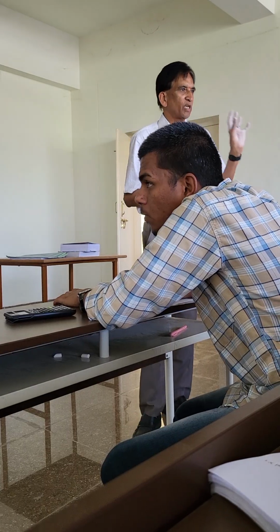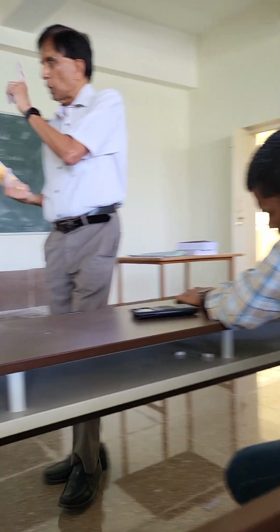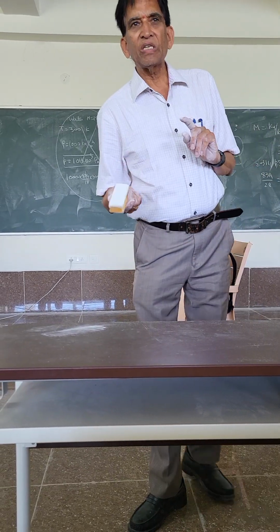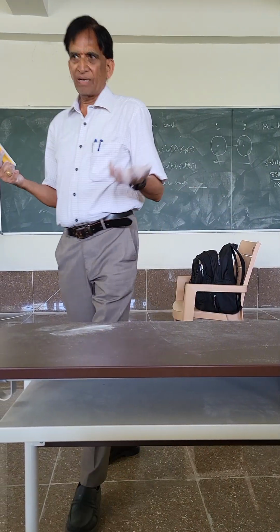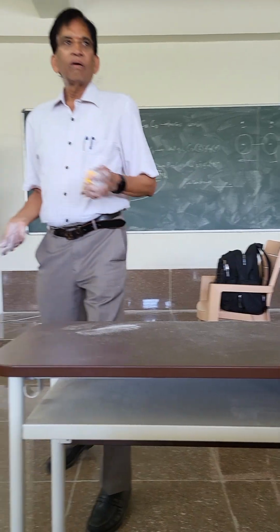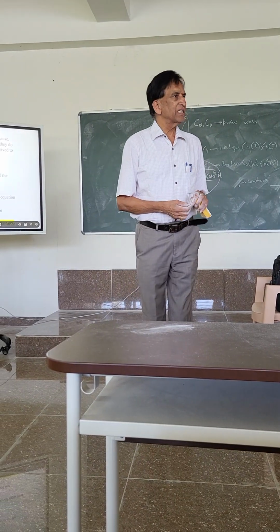The finite volume of the molecule has to be taken care of, and attractive forces are there. Repulsive forces are not taken care of in the Van der Waals equation, because in gases there are seldom repulsive forces. Okay? Proceed further. Next slide.